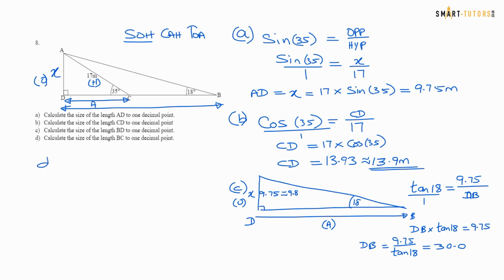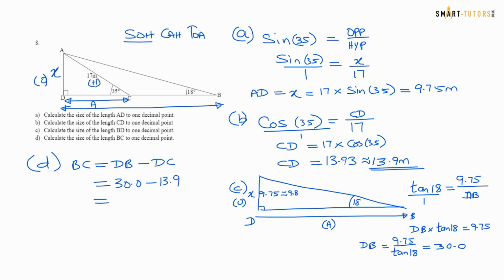The next one, D part, they are asking BC. So BC equal DB minus DC. DB is 30.0 minus DC is 13.9.